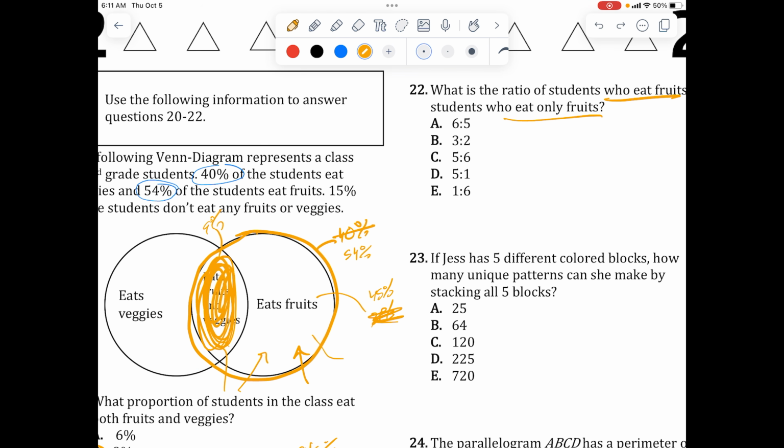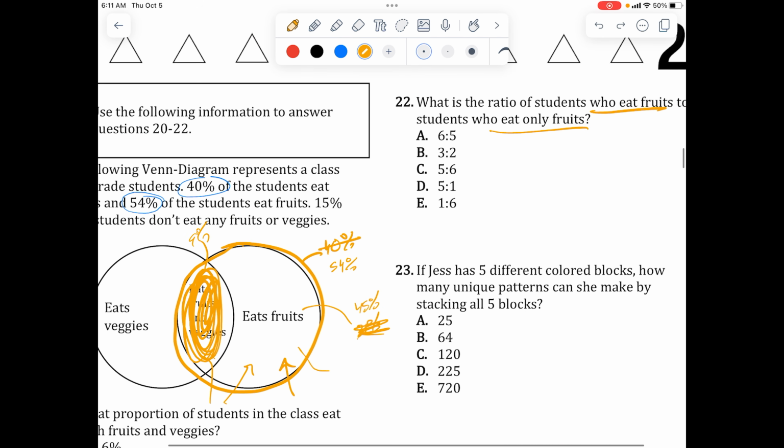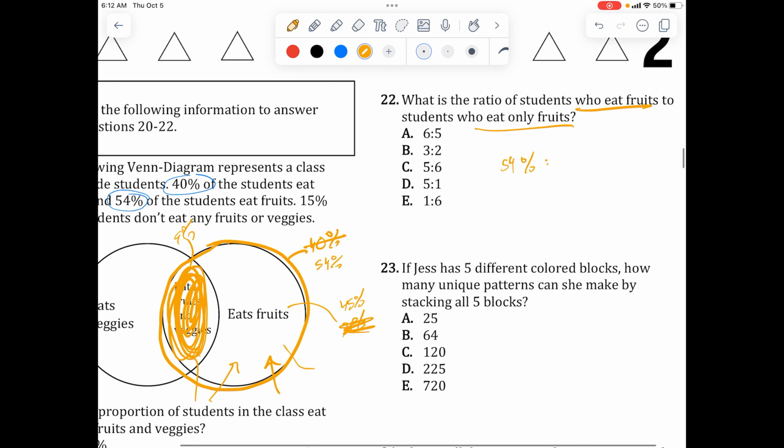So total eat fruits is 54% versus only fruits is 45%. So what's 54 to 45? I believe that would be, if you take it as a fraction and divide everything by 9, you get 6 to 5.